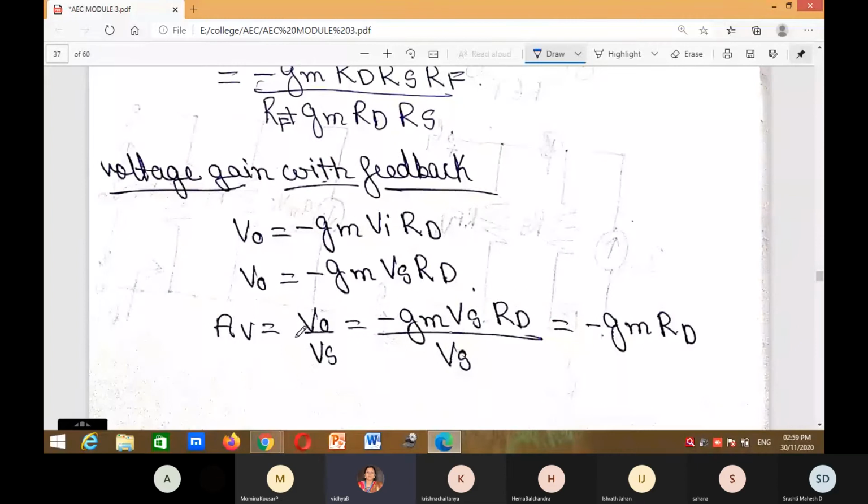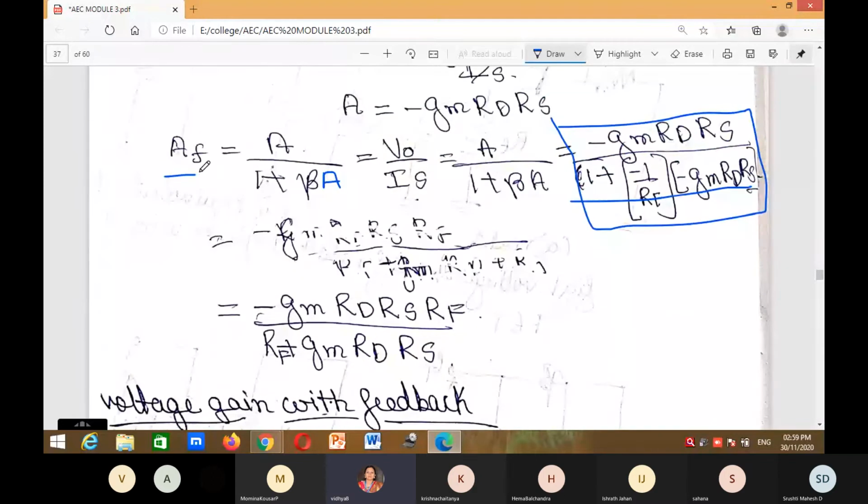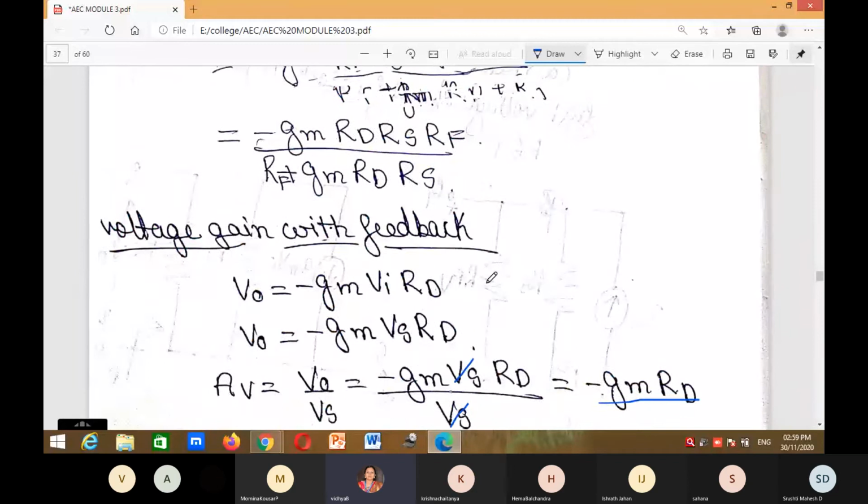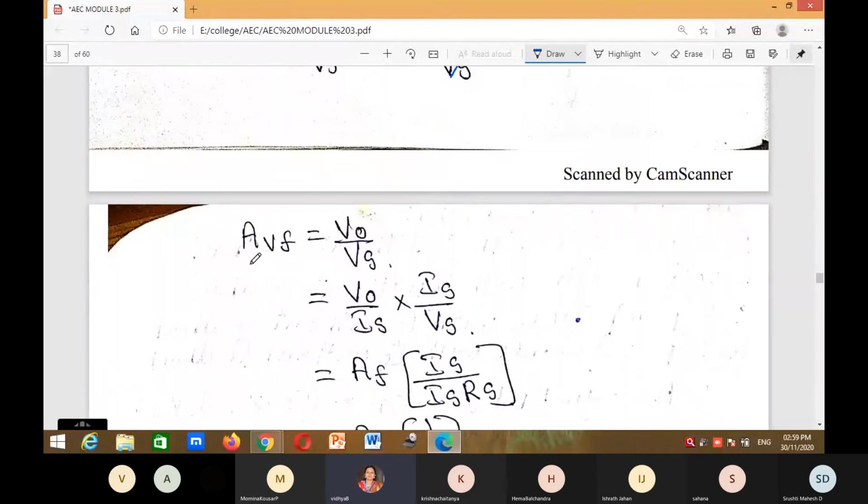Av is equal to voltage gain is equal to output voltage divided by input voltage, that is source voltage, minus gm into Vs into Rd divided by Vs. Vs gets cancelled here, so you will get minus gm into Rd. That is the voltage gain. This is only gain, this is a voltage gain with feedback.